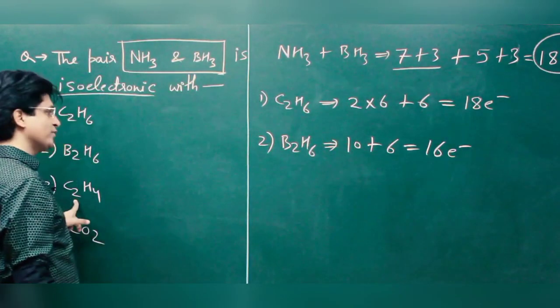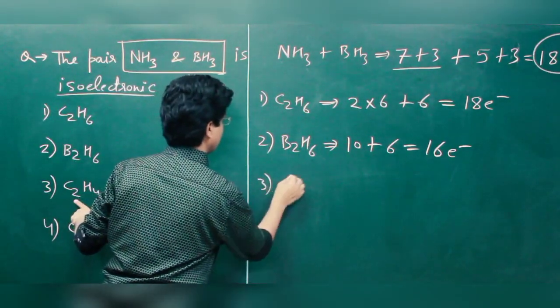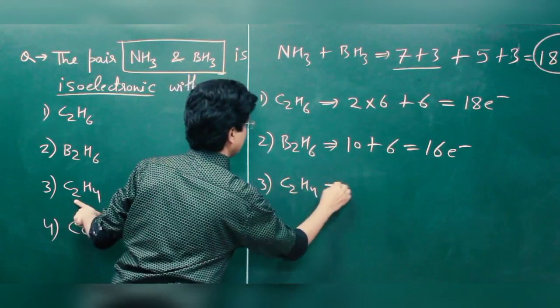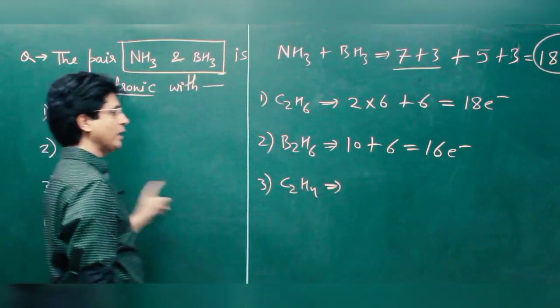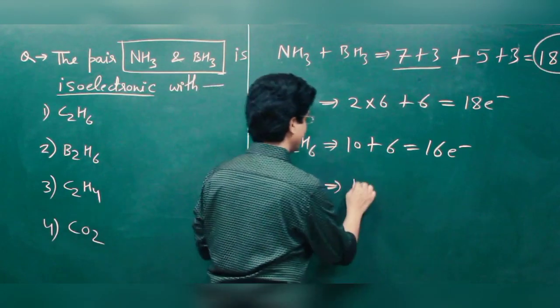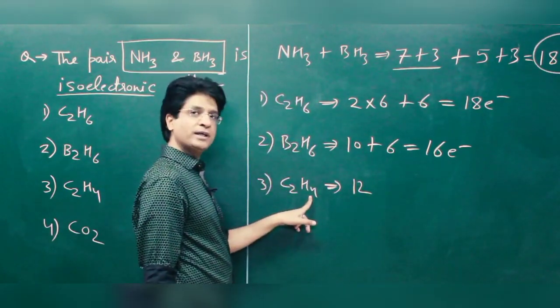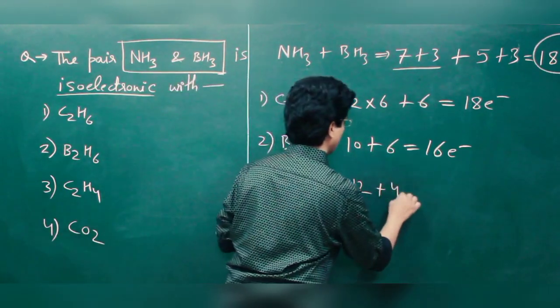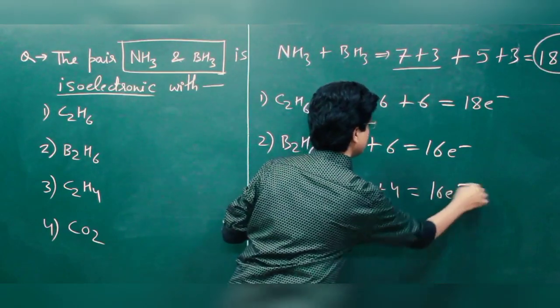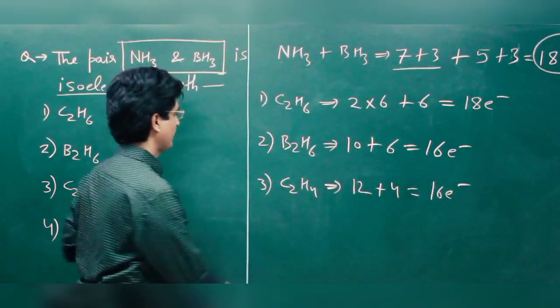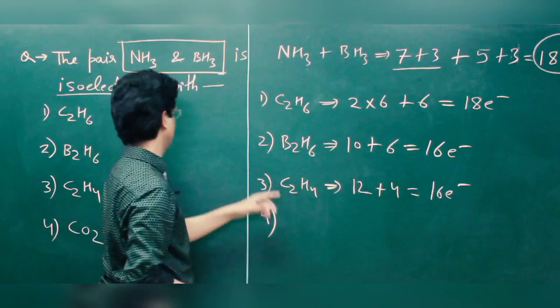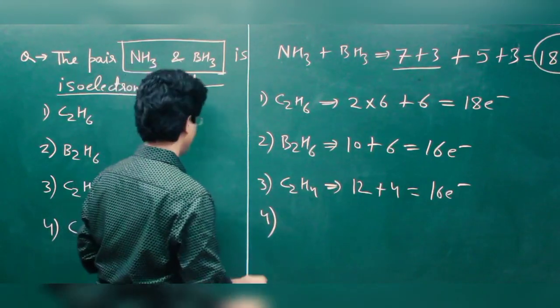Now come to C2H4. One carbon contains 6, 2 will contain 12. One hydrogen contains 1, 4 will contain 4. 12 plus 4, 16 electrons. Fourth, CO2.